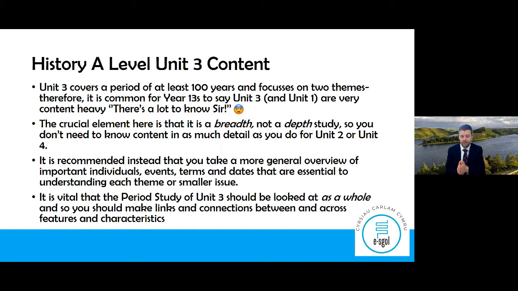And it's vital, incredibly important, that you look at your period 3 study as a whole. You don't take it individually; you do things that bring it together as a whole. Where you can, make links and connections across different features and characteristics across the whole time period. Again, I'll give you suggested activities at the end of the day that might help you with that as well.